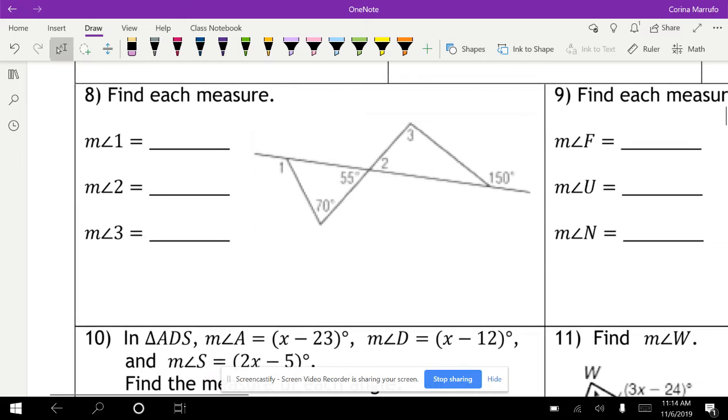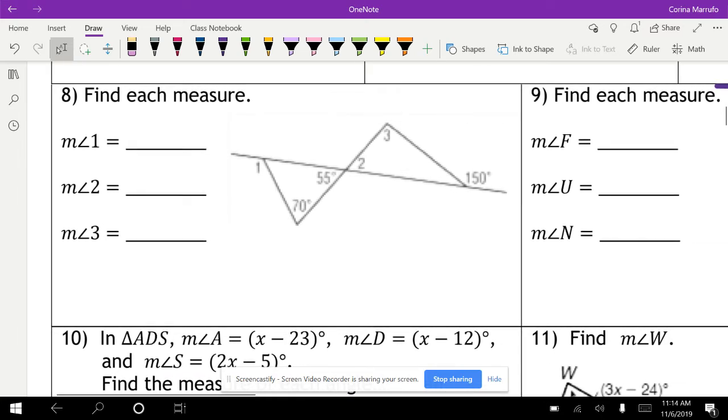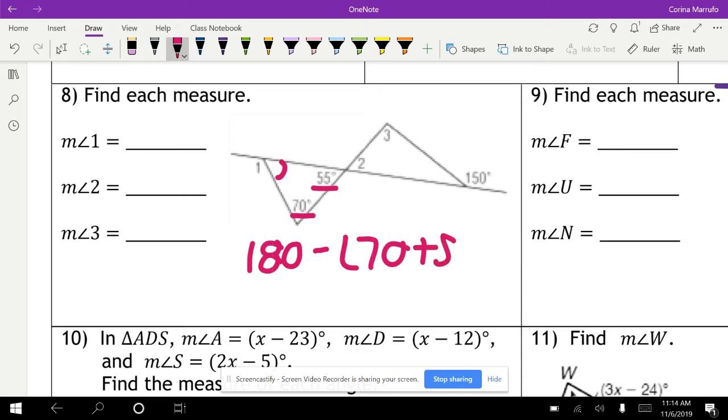All right, number 8. It says find each measure. Based off of the information they give us, they tell us this is 70 and this is 55, and we know that the 3 angles of a triangle should add up to 180. So we're going to do 180 minus whatever the 70 plus the 55 is.